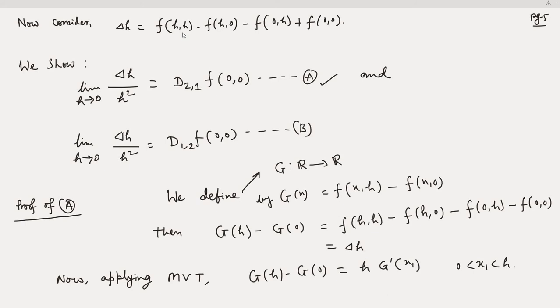And what is g prime of x1? Here is the function g of x. So g prime of x1 is equal to the first partial derivative of f at (x1, h) minus d1 f at (x1, 0).